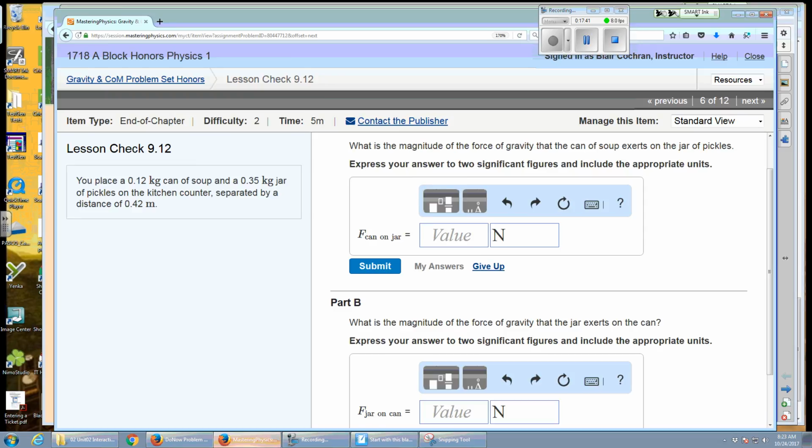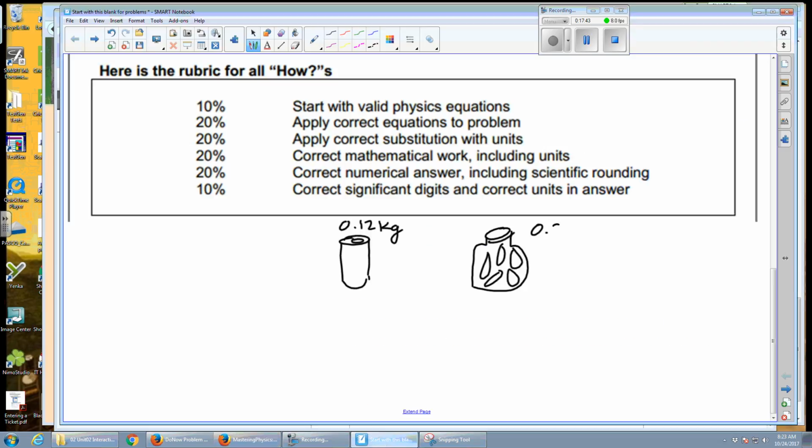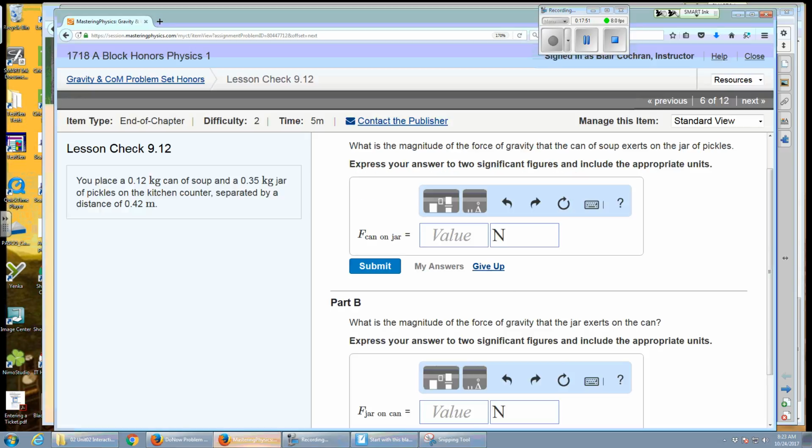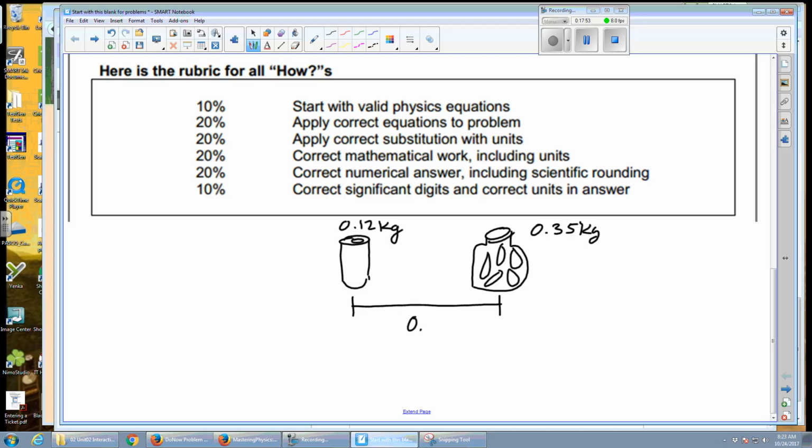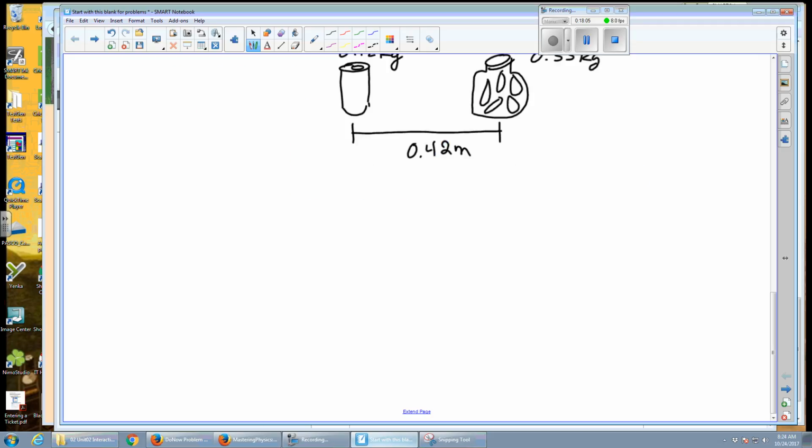Pickles are 0.35. They're separated by a distance, right? I like my pickles. I'll have to save that diagram.